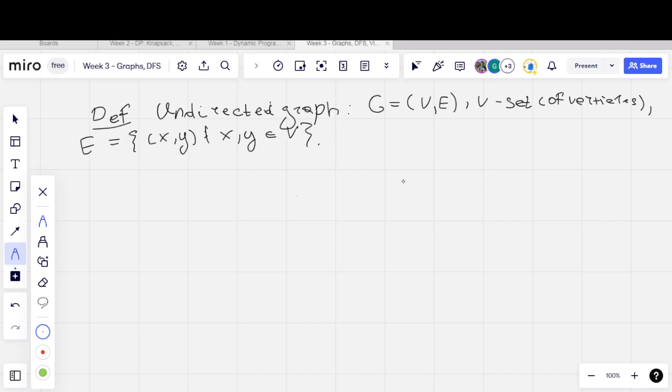Okay, simple example. If we have some vertices, for example, something like this, then we have vertices v1, v2, v3, v4.